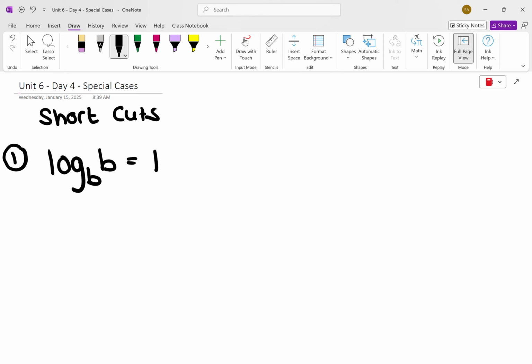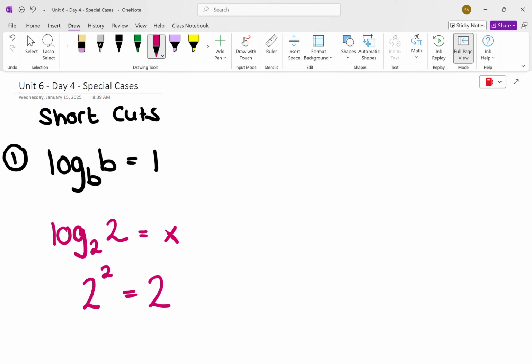I'm going to tell you the shortcut, and then I will explain it to you. Why does this make sense? If I have log base 2 of 2 equals x, and I change this into exponential, it would be 2 to the x equals 2, right?